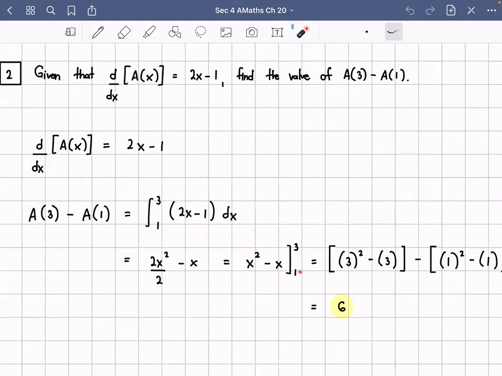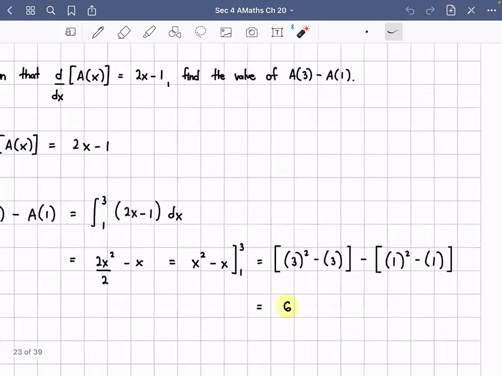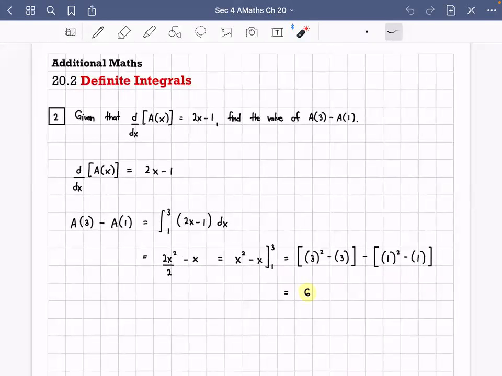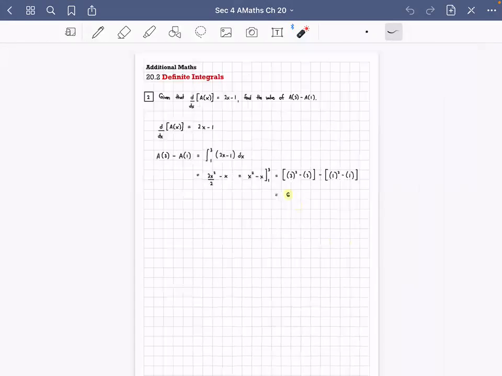So we find the value from the lower limit up to the upper limit. In this expression, we plug in 3 being our upper limit, minus the same expression but different value, 1 being our lower limit. So simplifying this, our answer is 6. So that's it for your word problem number 2.